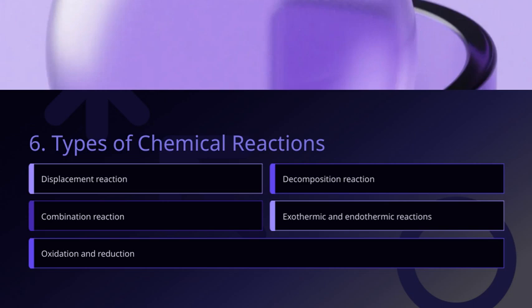Think of it as a more reactive element taking the place of a less reactive one. These reactions are important in processes like metal extraction. These different types of reactions show how versatile and dynamic chemical processes are. Recognizing these helps us understand the overall theme of how substances interact and transform, which is central to mastering chemistry.